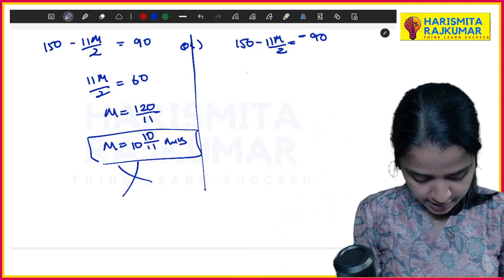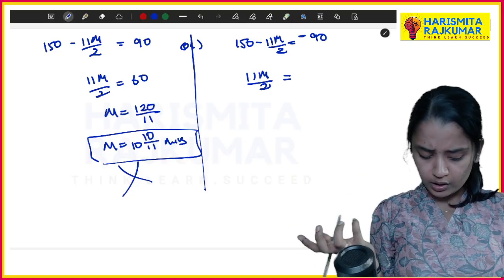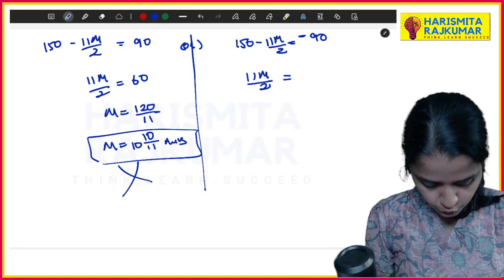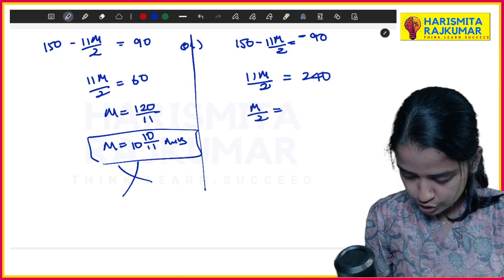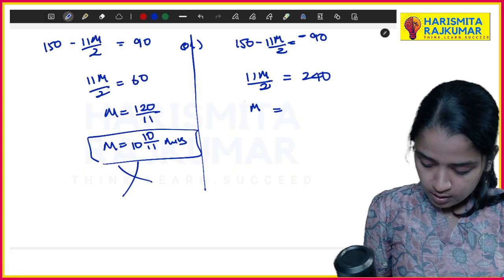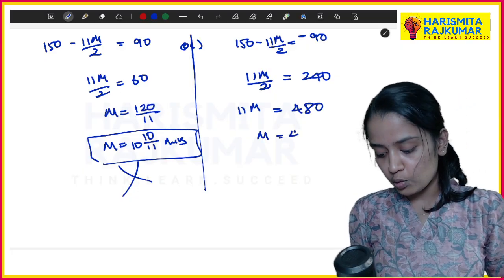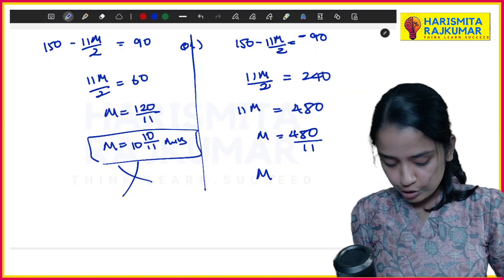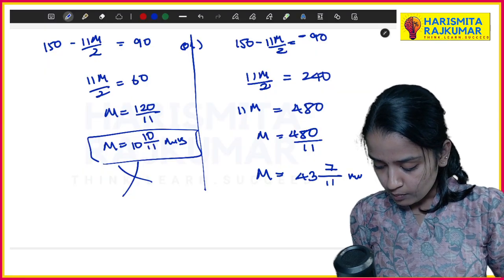For the other one, 11M by 2 is equal to 240. Then 11M will be 480, and M will be 480 by 11, so M will be 43 7/11 minutes.